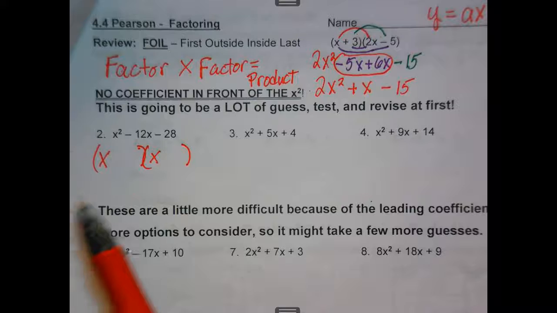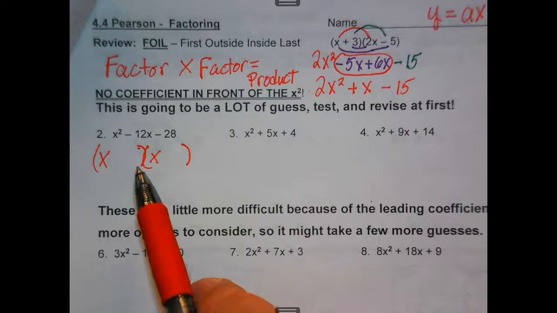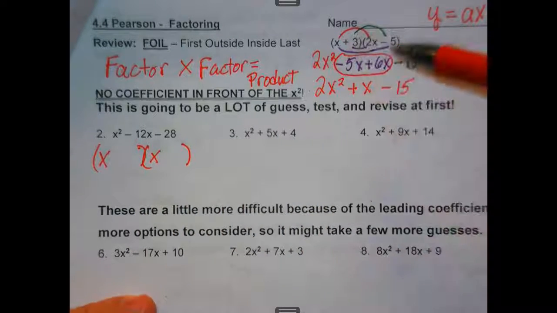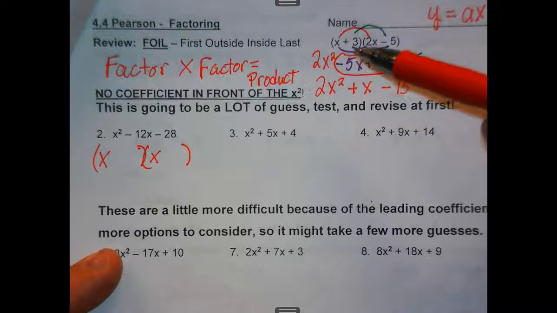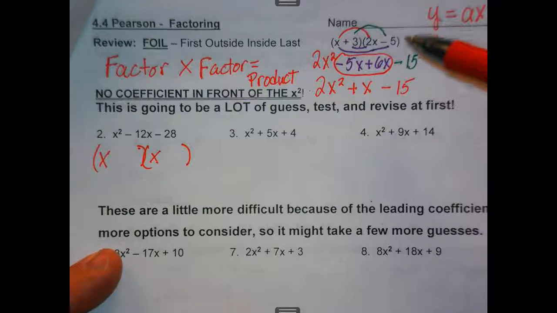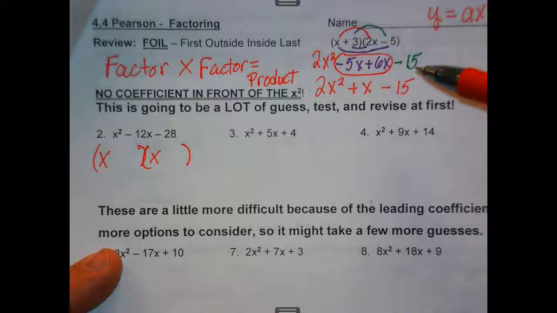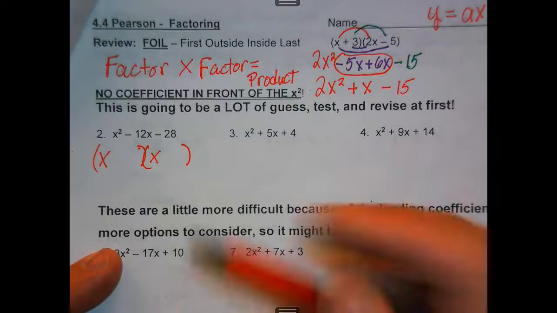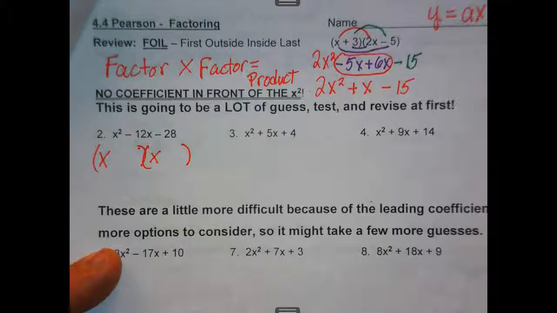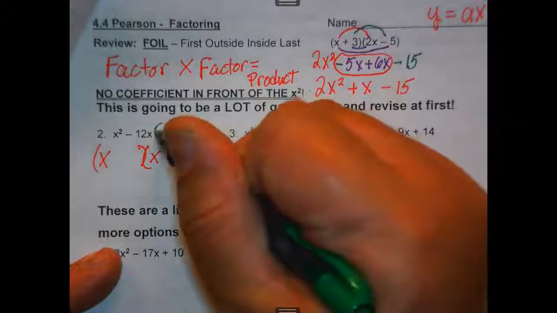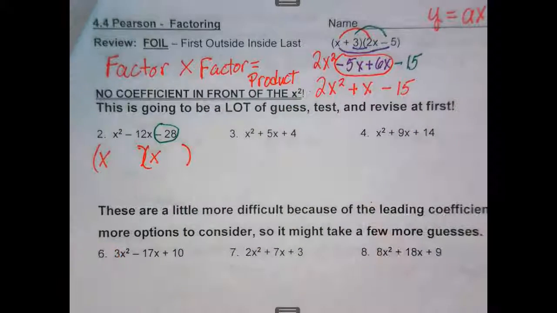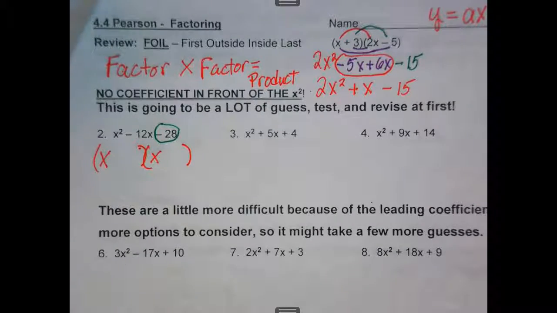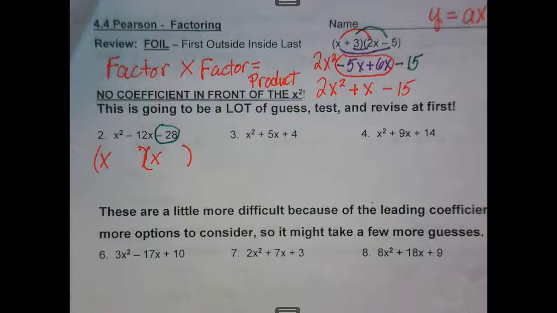Now, remember the last number here: as in FOIL, I take the last term and multiply it by the last term to get c. So my last term here is negative 28. I look at the sign first. It's easier if you look at the sign first.